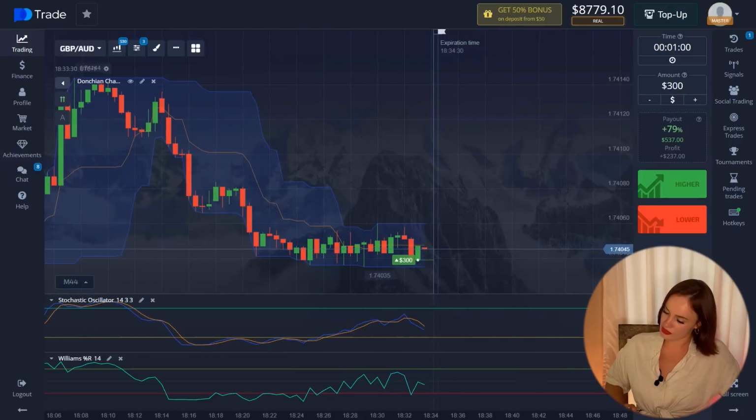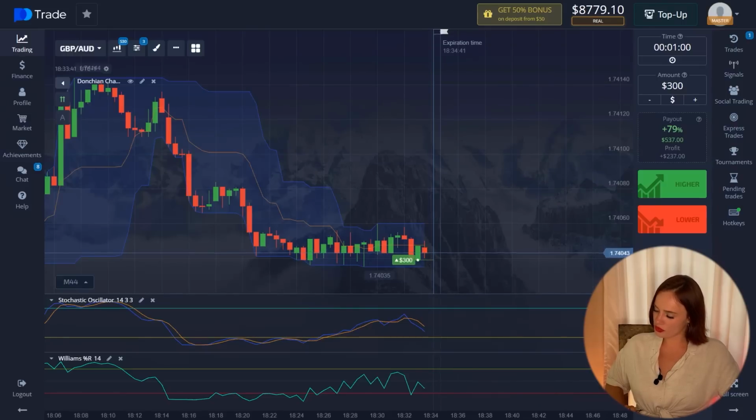Returning to the quotes, we see that the price rose steadily at the beginning, but then its decline began, went more smoothly and approached the entry point into the transaction.